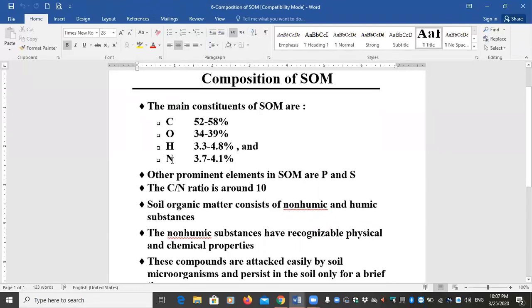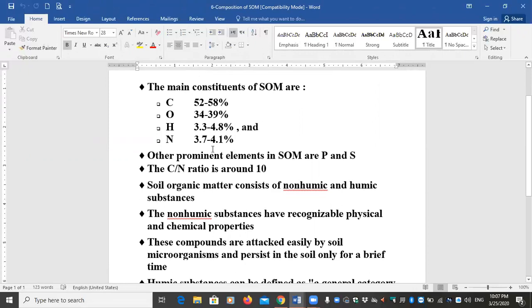And then you have the nitrogen, which is found mostly in proteins and amino acids, 3.7 to 4.1%. These ranges indicate, remember we said the organic matter is very variable, so it's not the same. We give ranges. That means it's not always the same in any material, no matter where we collect it from.